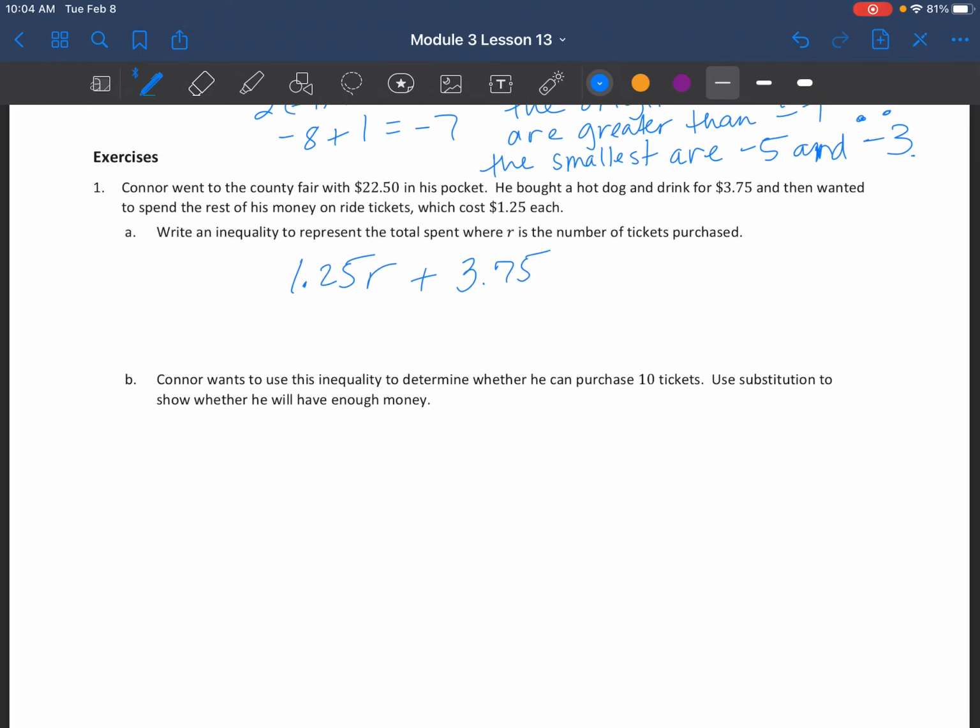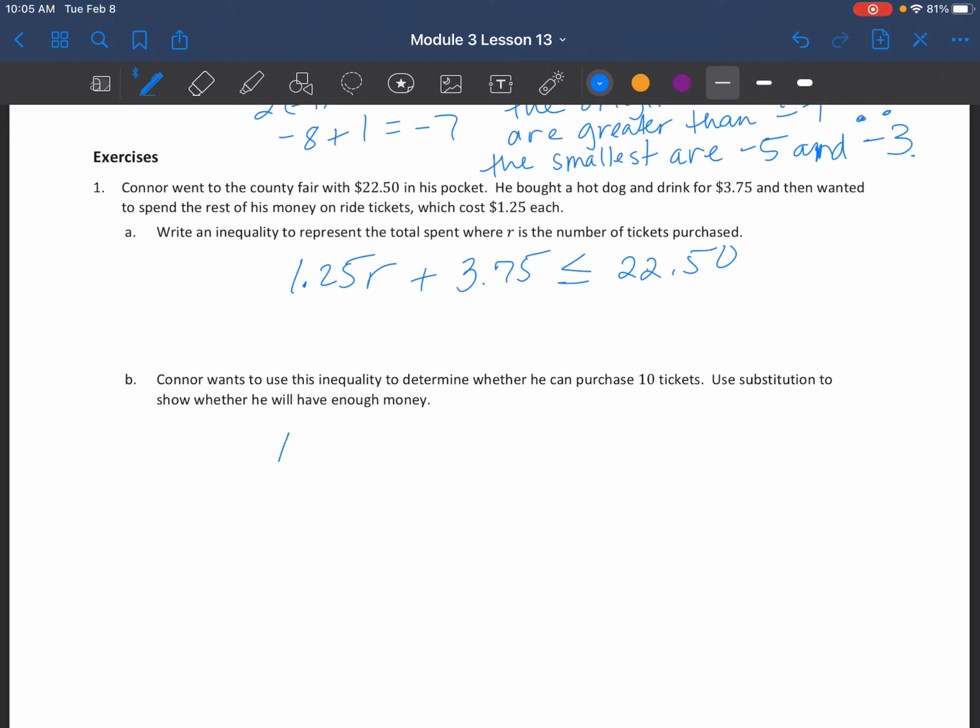So if he purchased the tickets, they're each $1.25, so I'm going to put $1.25R plus the $3.75 for his drink. Now, he only has $22.50, so he has to spend less than or equal to that. So this has to be less than or equal to $22.50. There is our inequality.